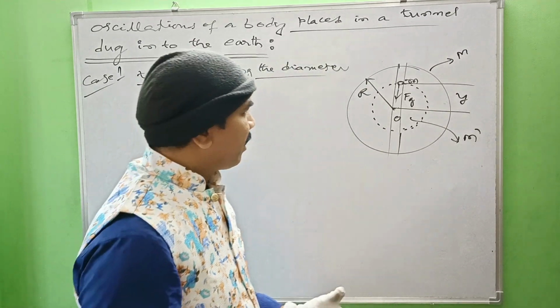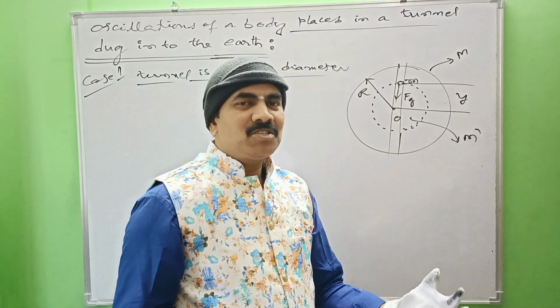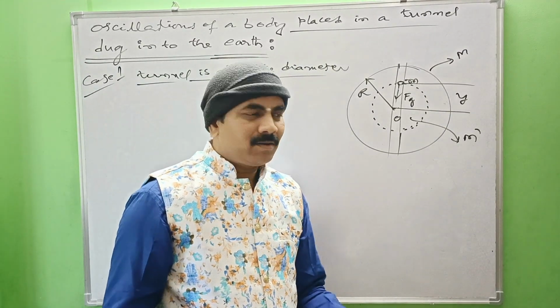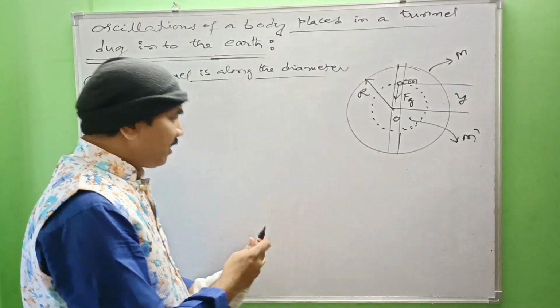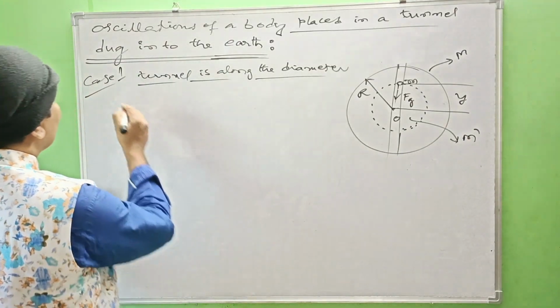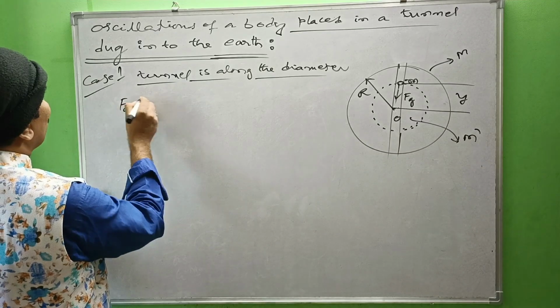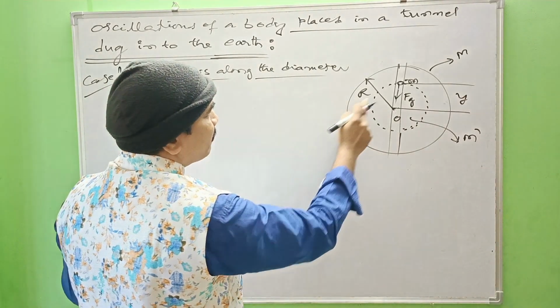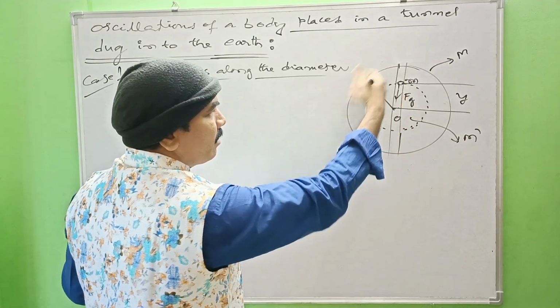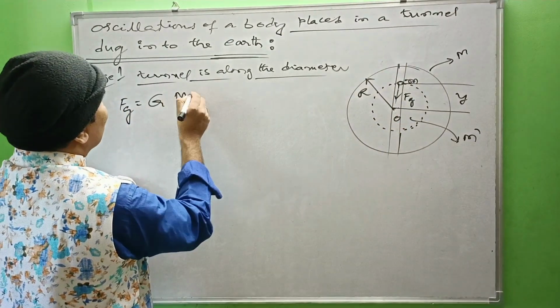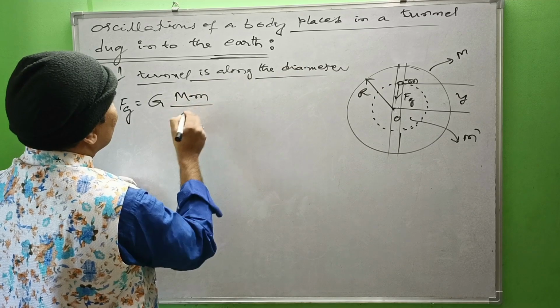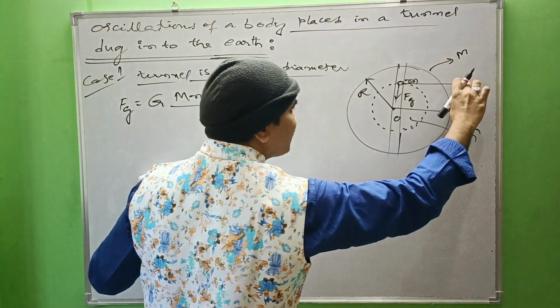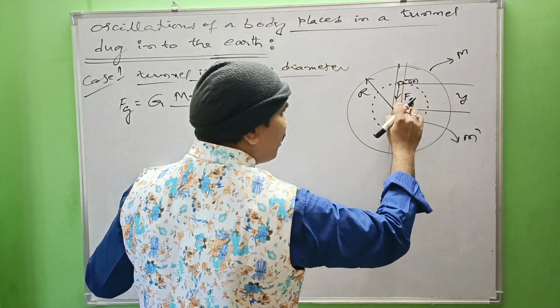So here, as far as Newton's law of gravitation is concerned, what is the gravitational law? The gravitational force F equals capital G into the mass of the body multiplied by the mass of the earth, that is G capital M into small m, by distance squared. What is the distance here, from the center of the body to the center of the earth?